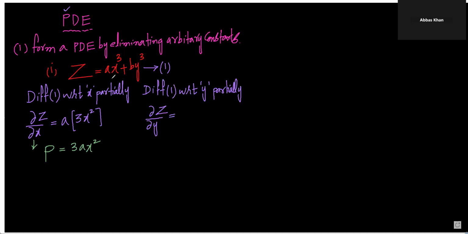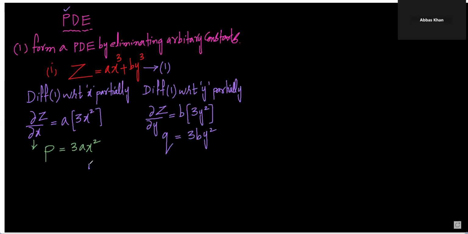When differentiating with respect to x, we work on x, neglecting y. Now with respect to y, neglecting x, working on y, b is the arbitrary constant. Differentiation of y cube is 3y square. Now this value is called q. Q is equal to 3by square. This value of p and this value of q, you have to use in equation number 1.